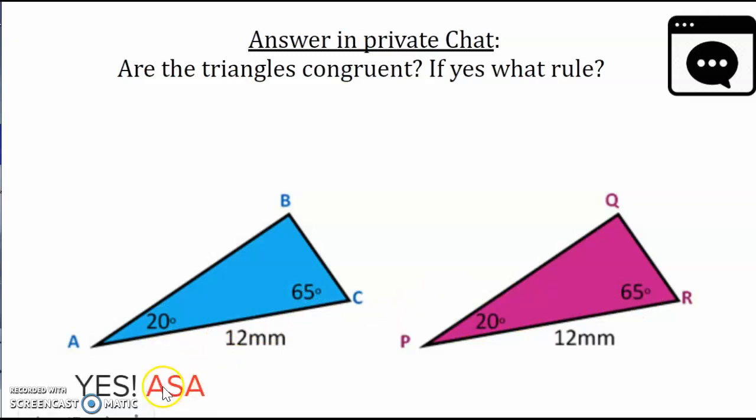So yes, by angle, side, angle. This is not angle, angle, side, because the pair of sides that are congruent is in between the 2 angles that are congruent. So it's angle, side, angle.